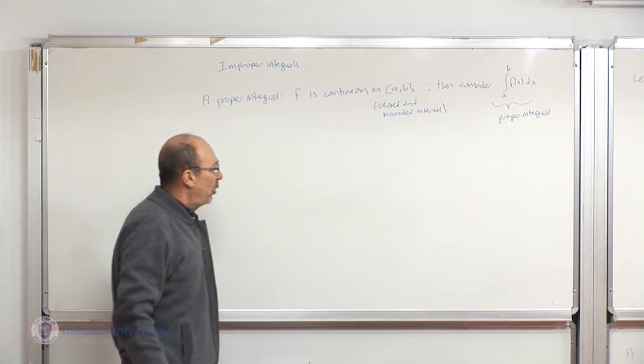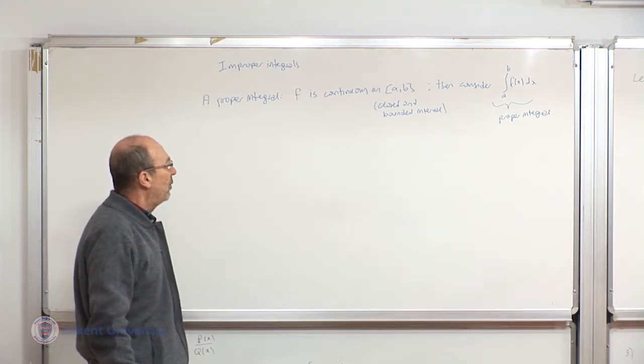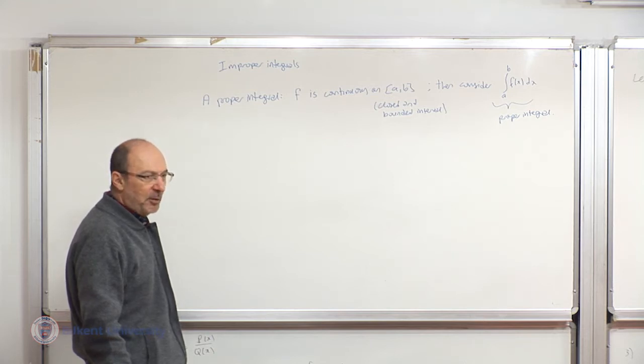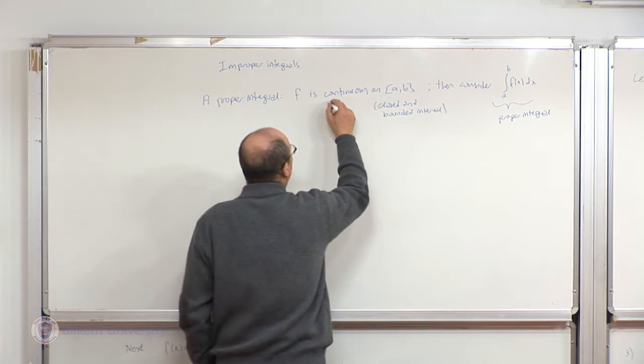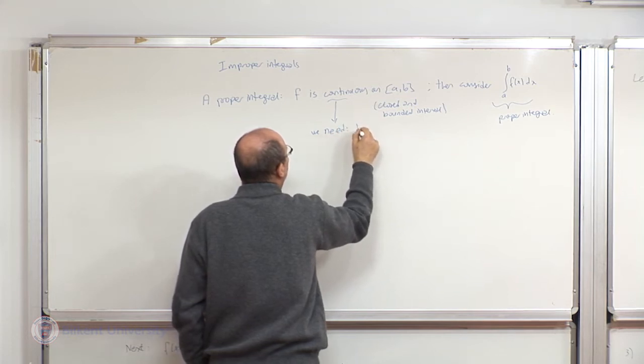So for our purposes, f is continuous on [a, b]. If you want to be absolutely correct, we want f to be integrable. One of the conditions for f to be integrable is that f is bounded on this interval. So in fact, here we need bounded.